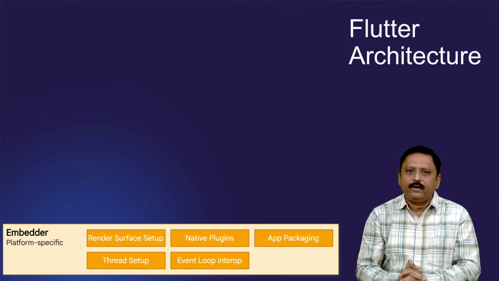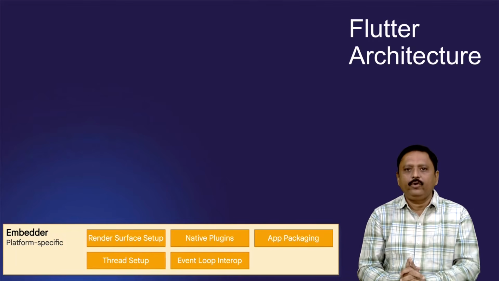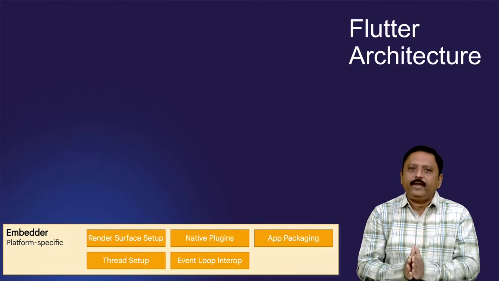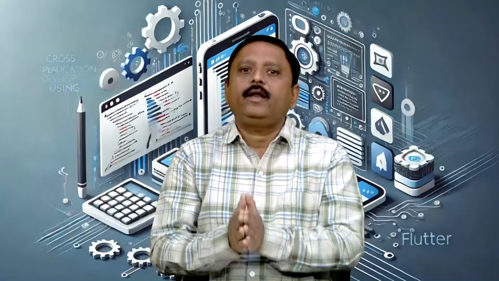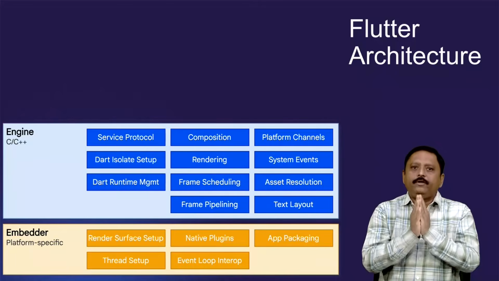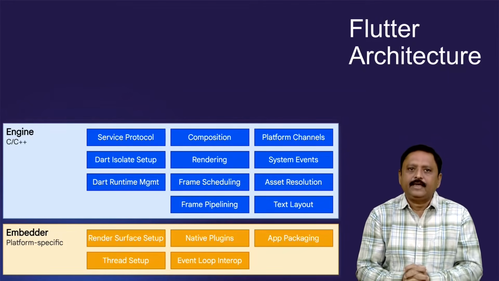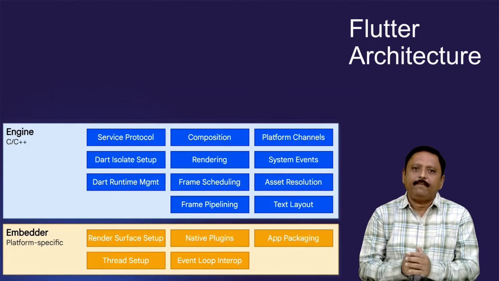Using the embedder, Flutter code can integrate into an existing application as a module, or the code might be the entire content of the application. Flutter includes a number of embedders for common target platforms, but other embedders also exist. At the core of Flutter is the Flutter Engine, which is mostly written in C++ and supports the primitives necessary to support all Flutter applications.